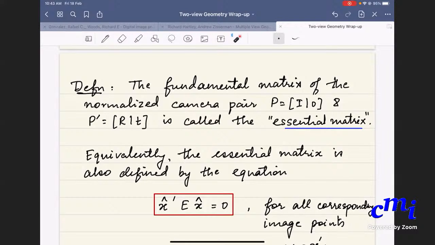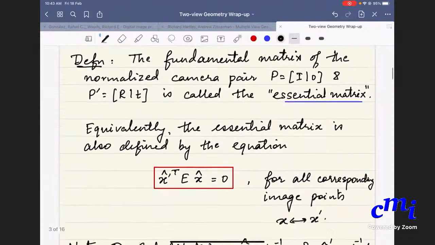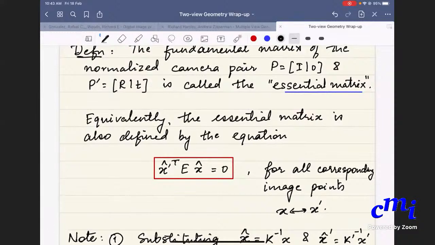Just like we showed for the fundamental matrix, the definition of a fundamental matrix is equivalent to saying that X prime transpose F X is 0 for every image pair X, X prime. Similarly, for the essential matrix, we can state this with normalized coordinates: X hat prime transpose E X hat equals 0 for all corresponding image points X, X prime.